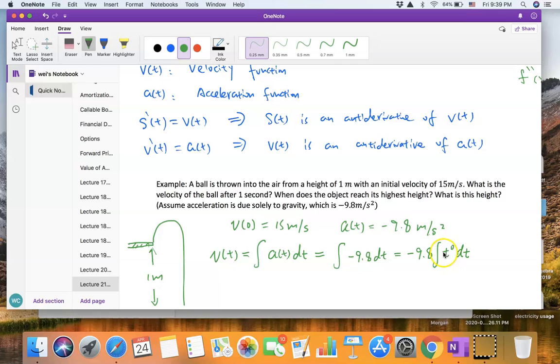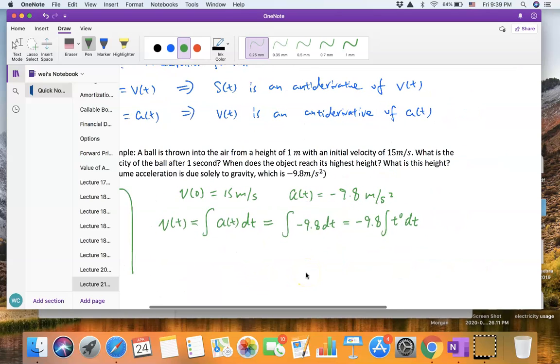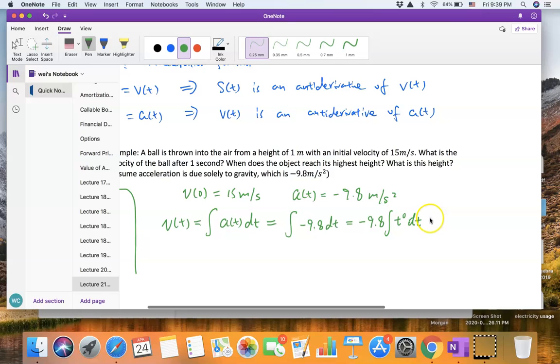So 1 we write as t to the power of 0, and then use the power rule. We can find the antiderivative, which is negative 9.8t plus a constant c.